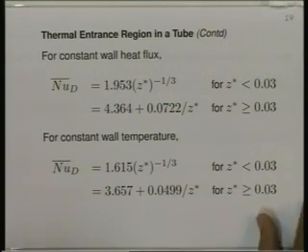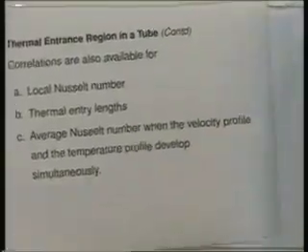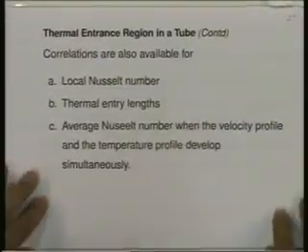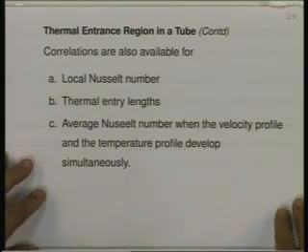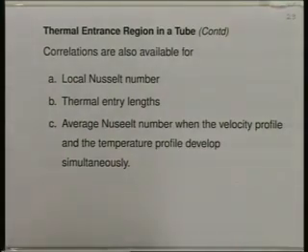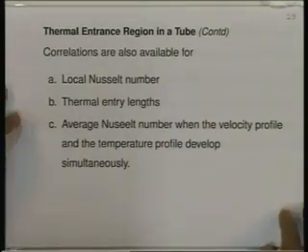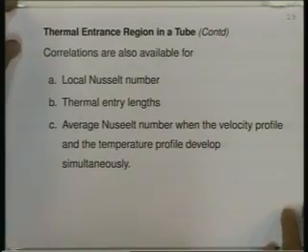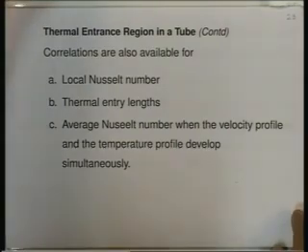Now, apart from these correlations which give you the average Nusselt number over a thermal entry length, there are textbooks, handbooks and compilations which provide correlations for the local Nusselt number.